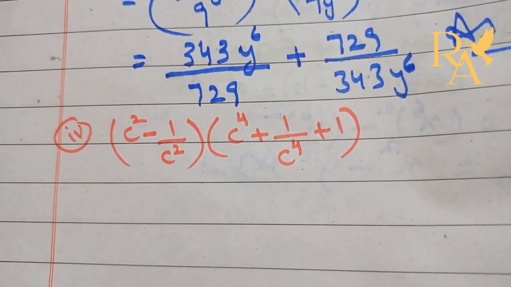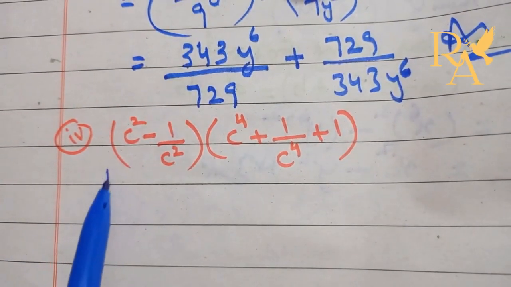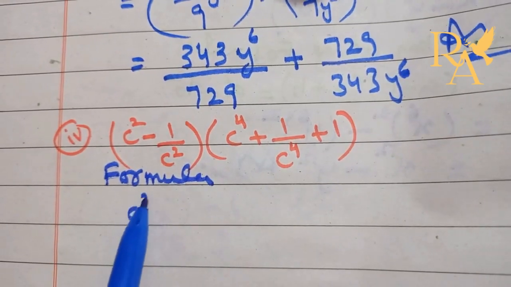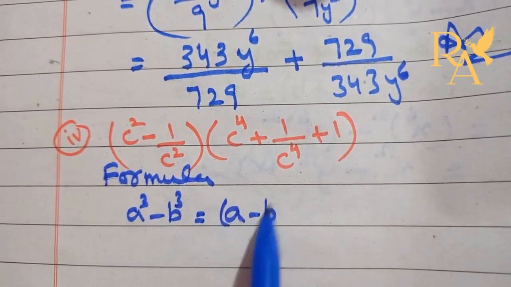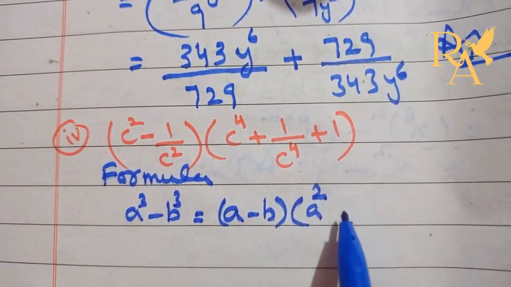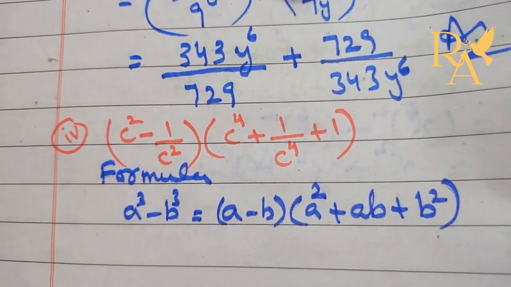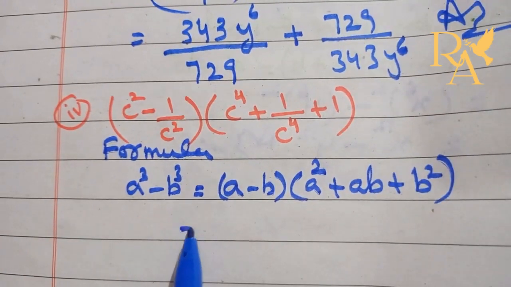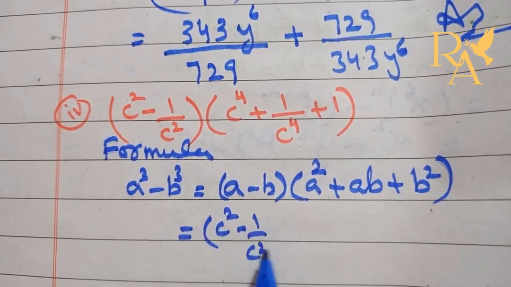For solving question number 4 of question 19, we will use the formula a³ − b³ = (a − b)(a² + ab + b²). Here the value of a is c² and the value of b is 1/c². So put the values: c² − 1/c².